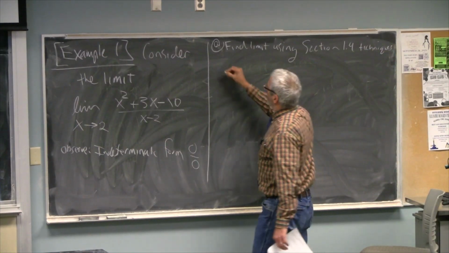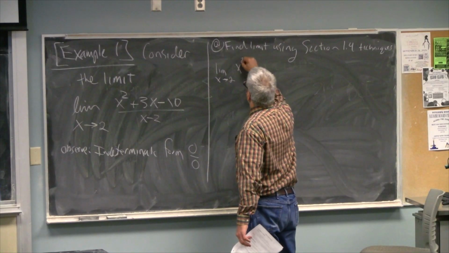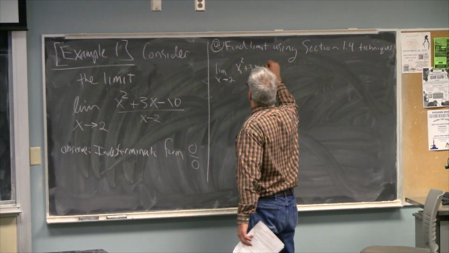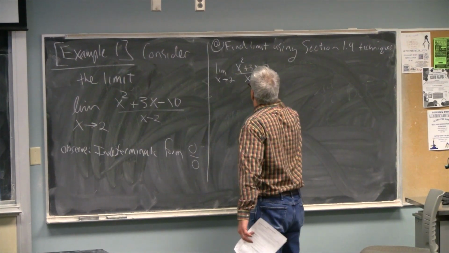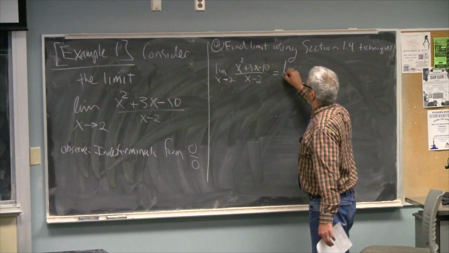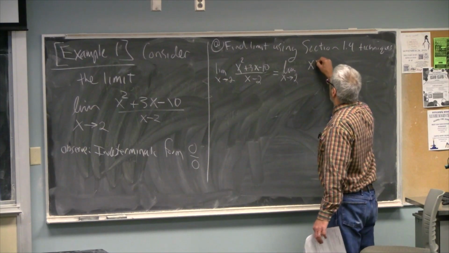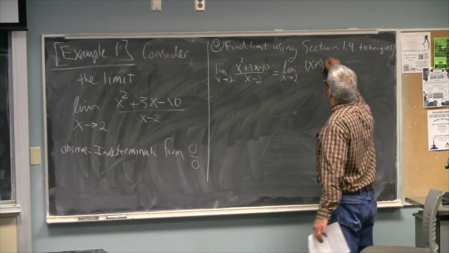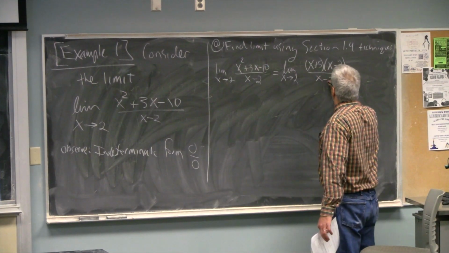So let's see, here we go. The limit as x approaches 2 of x squared plus 3x minus 10 over x minus 2. Well, I'm going to factor this, start off. Limit as x approaches 2. This factors as x plus 5, x minus 2 over x minus 2.